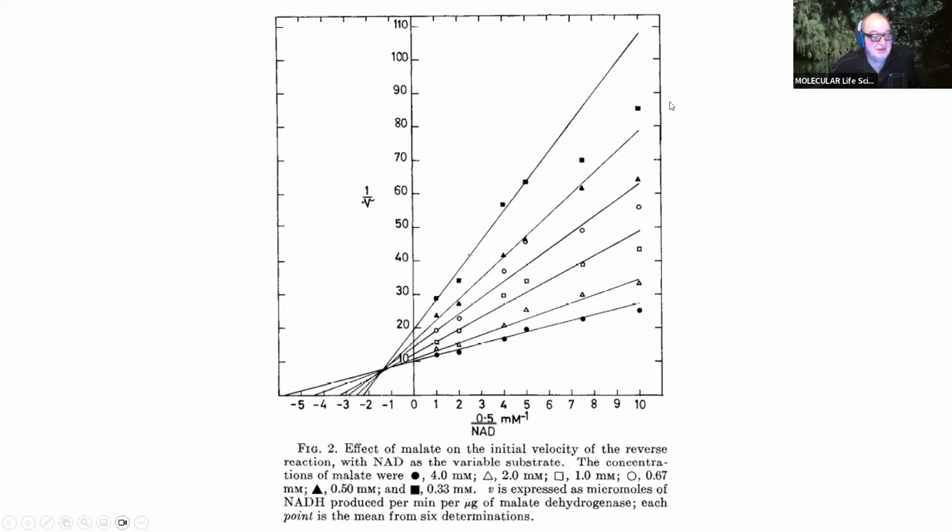And in a Lineweaver-Burk plot, negative homotropic interactions would show themselves by exactly the sort of data they see here. And again, several of these plots seem to sort of be biphasic. And so this global fitting is not necessarily the best way to do enzyme kinetics.